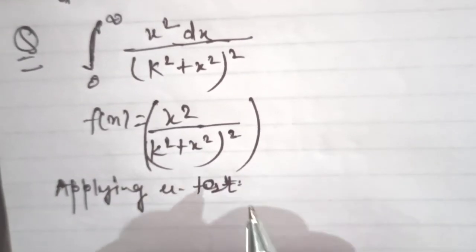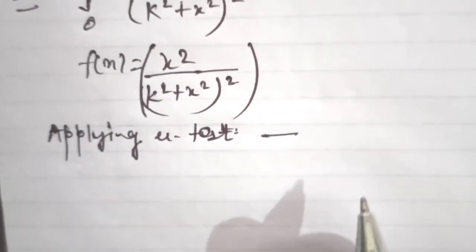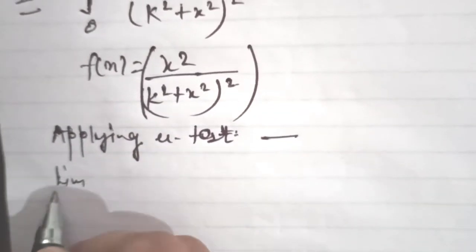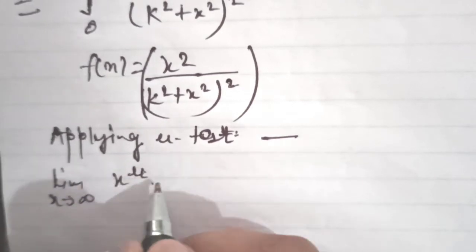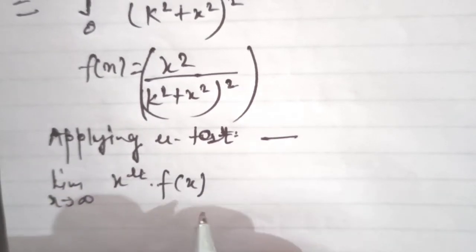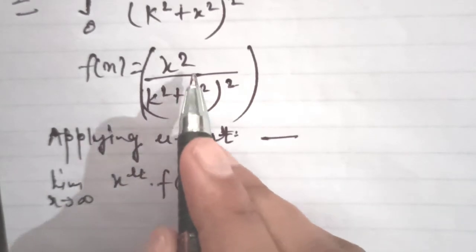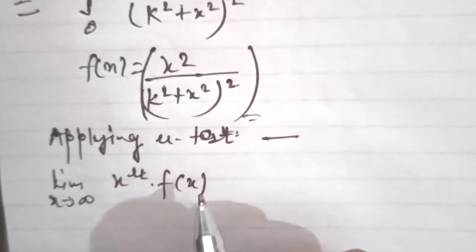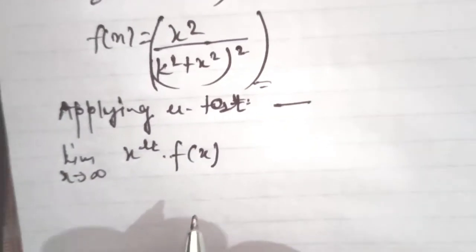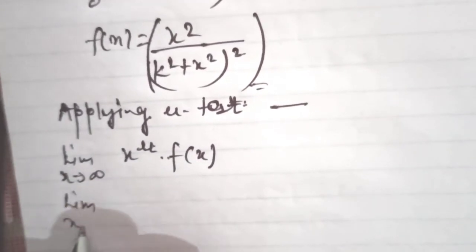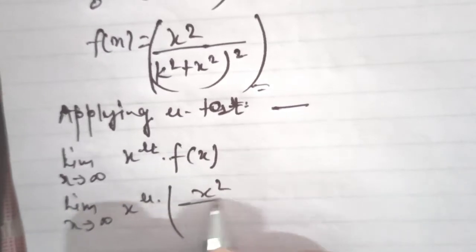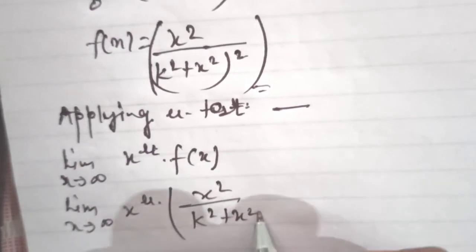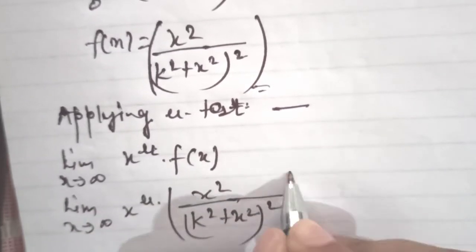By mu test, the limit as x tends to infinity of x to the power mu into f(x). So what is the function f(x)? f(x) is this, so you have to write down the value of f(x). The limit as x tends to infinity of x to the power mu into x square upon (k square plus x square) whole square.